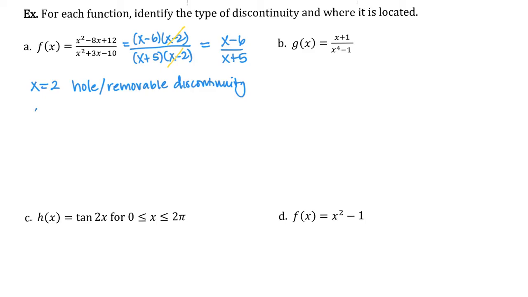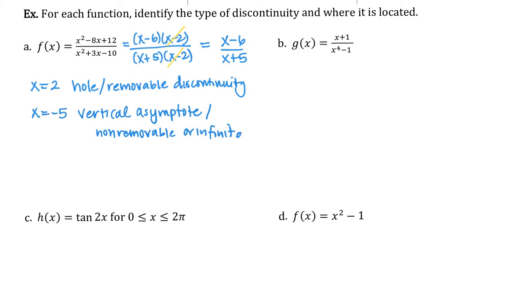Okay, so at x equals negative 5, there's a vertical asymptote, which could also be called a non-removable discontinuity or an infinite discontinuity. Those words are used alternately, so just make sure you understand that they're always the same thing.